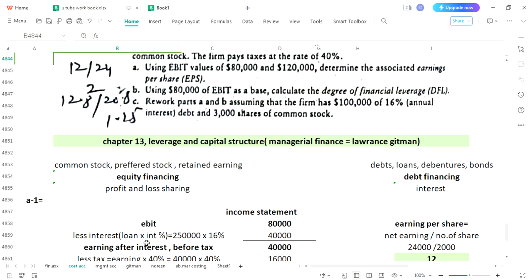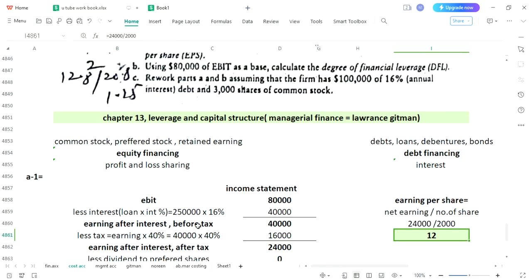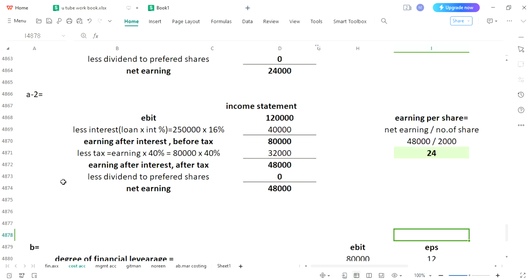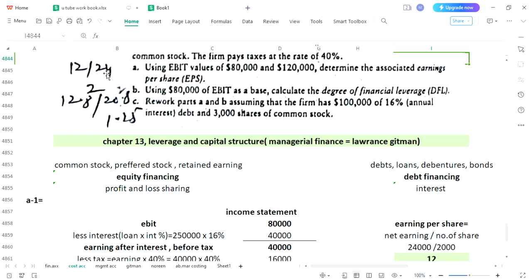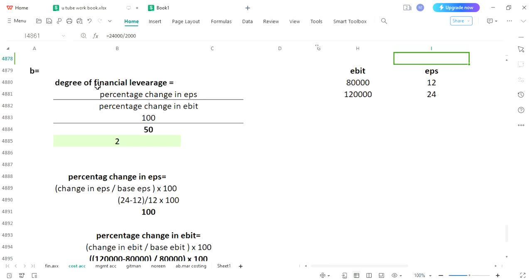Let's start reviewing it. A had two answers, 12 and 24. Look over here, this is your first answer for the A1 part, and for the A2 part, 24. Your answer present over here is 12 and 24. Then the B part had a single answer, which is 2. This is your B part, the answer is 2.